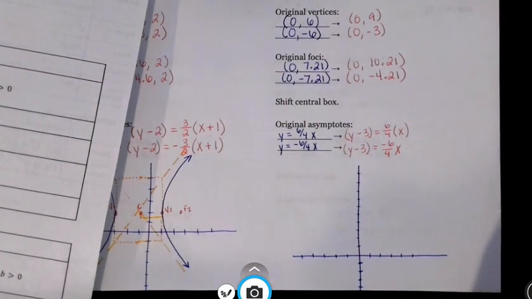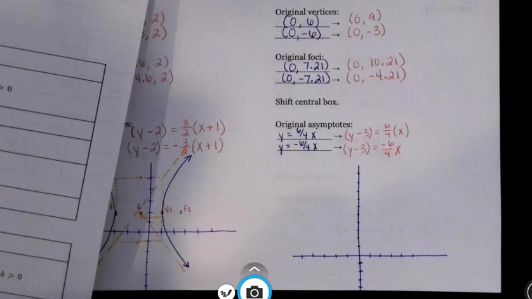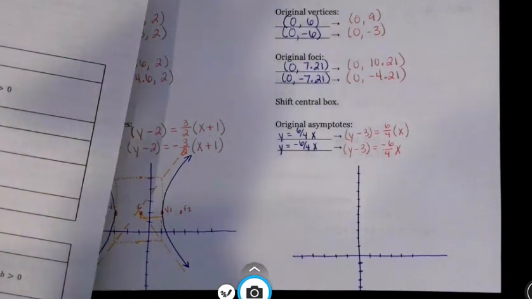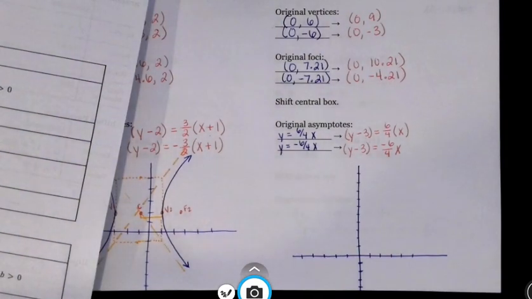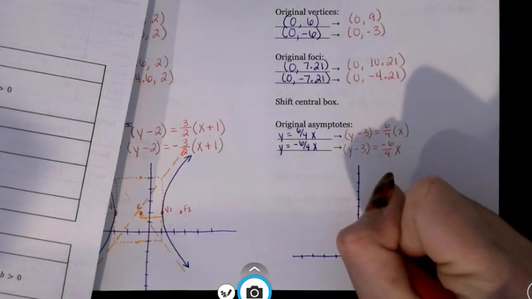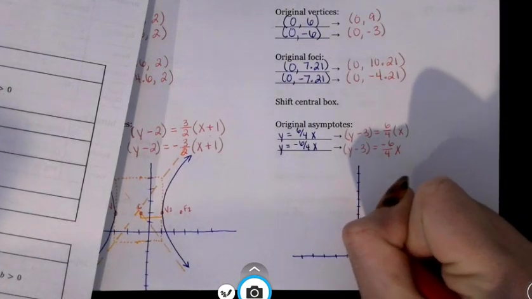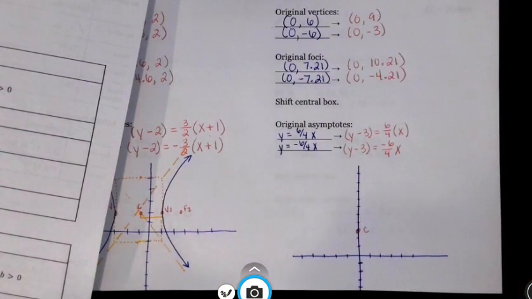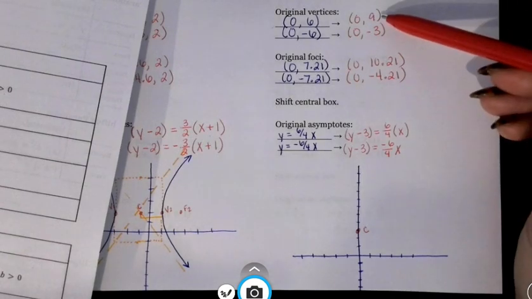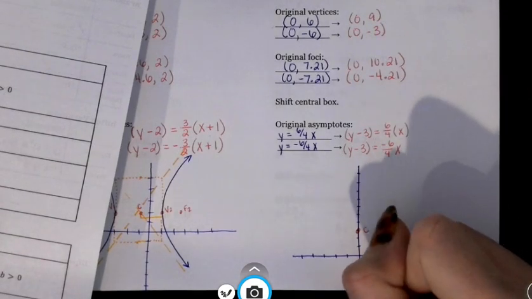So I'm going to start by graphing my new center, which is off the screen, but you should have it on your paper. My new center is 0, 3, which is this. And then I have my new vertices, so 0, 9 and 0, -3.